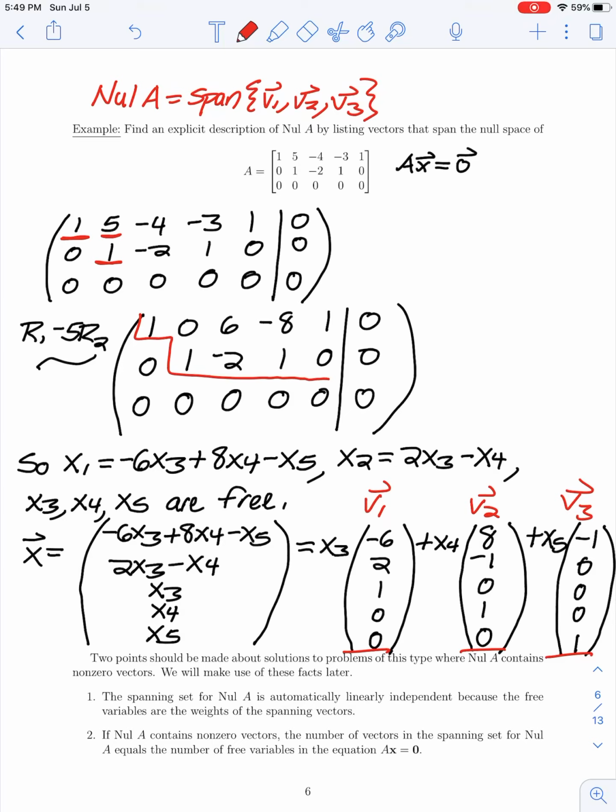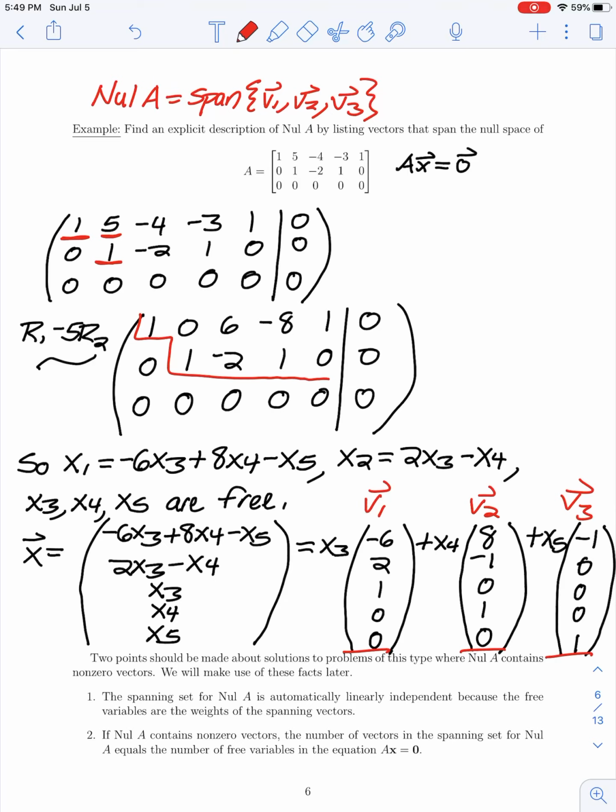So we have found a way to give an explicit description of the null space of a matrix by solving a homogeneous equation and determining the set of vectors which span our solution set.